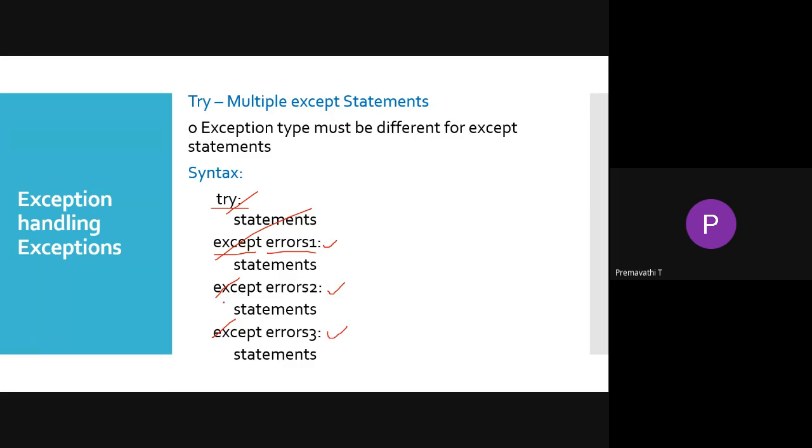The except keyword is common to all, but we have to define the name of the error: error 1, error 2, error 3. When you execute the try statement and an error occurs, it automatically refers to the except keyword with the name.